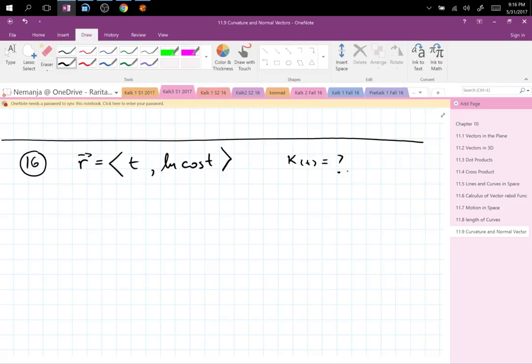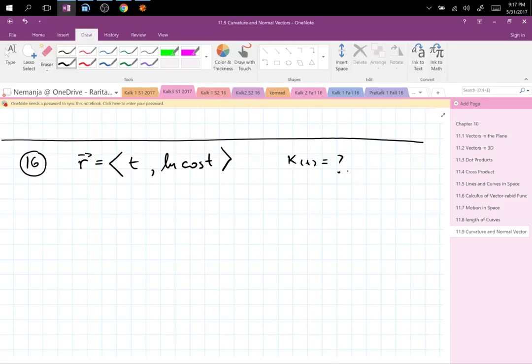What's the derivative of ln? Natural log, the derivative is the derivative of the stuff inside over the regular stuff.